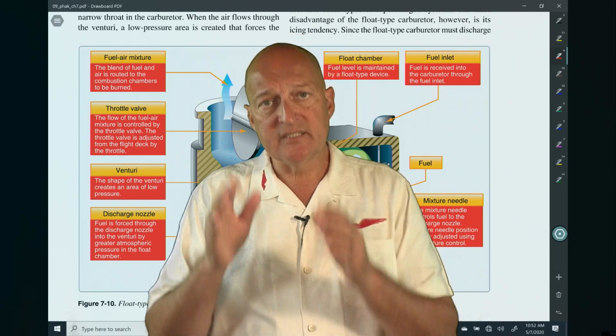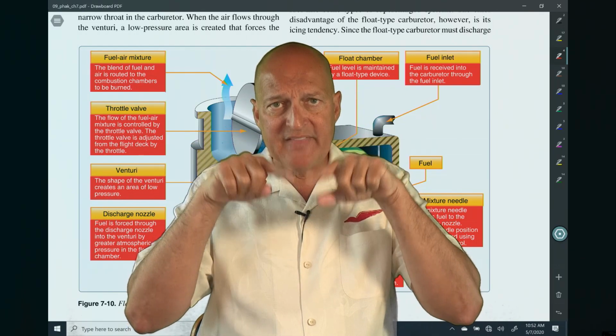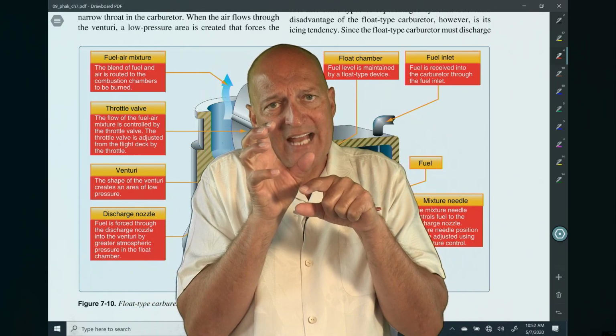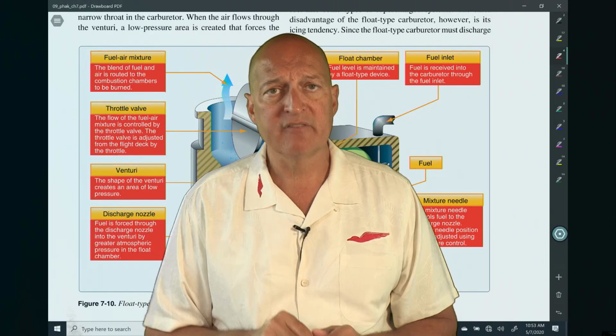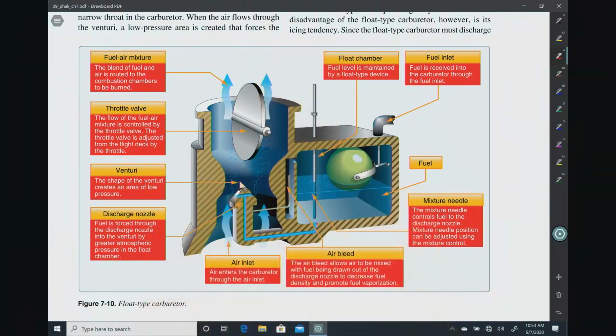Well, when it freezes, it changes the way that venturi looks, so that throat can compress, as well as that ice can form on that butterfly valve. And I think you can imagine that has an effect on performance.